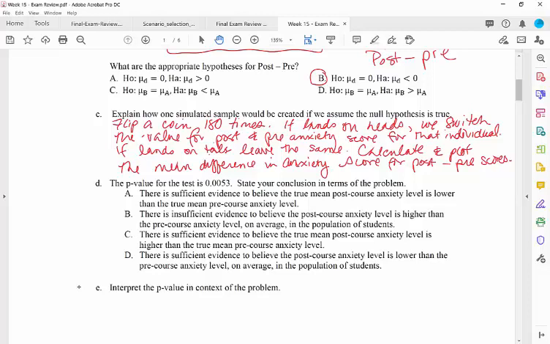Okay, so our choices here are sufficient or insufficient. So because it's strong, we know it can't be insufficient evidence. So the first one says there's sufficient evidence to believe the true mean post-course anxiety level is lower than the true mean pre-course anxiety level. What do you think about that one? Does that seem to reflect our study and the alternative for this study?